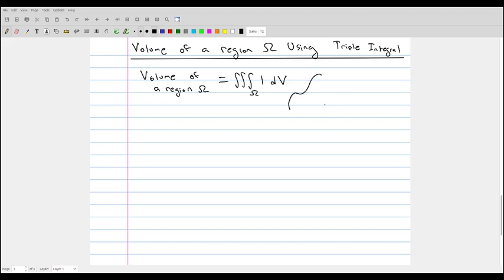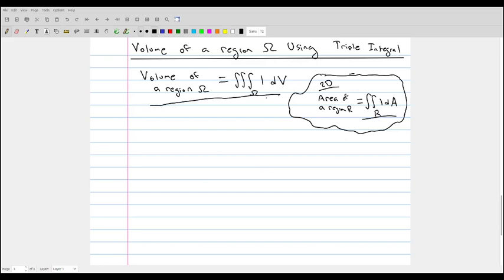This is very similar to how in 2D we showed that the area of a region R was just equal to the double integral over that region of the constant function 1. You'll recall that this is one of the first properties we showed of the double integral. So this directly holds for triple integrals as well: the total volume of a region omega is exactly the triple integral of 1 over that region.